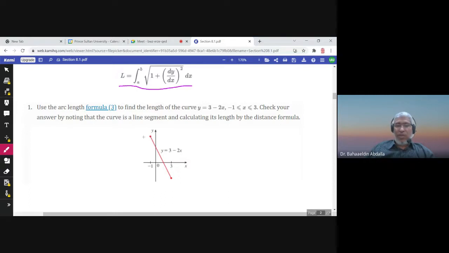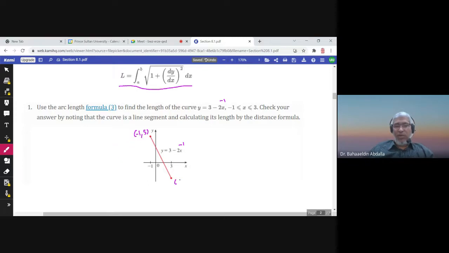So what are the coordinates of this point? Well, I can see that x is -1. But how to find the y coordinate? I just replace x by -1 in the equation of the line. So 3 minus 2 times negative 1, 3 plus 2 is 5. So this point has coordinates negative 1 and 5.